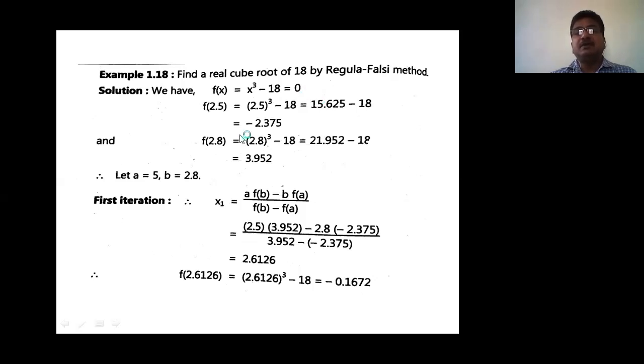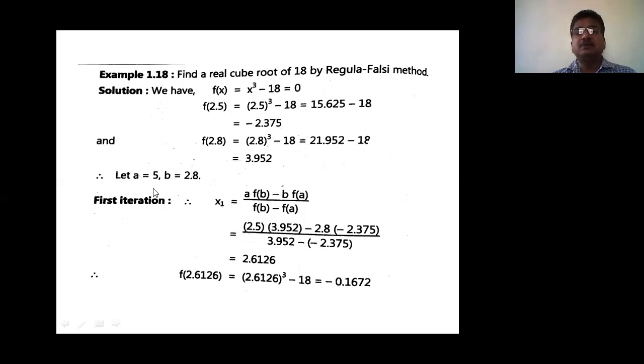Then find two numbers such that f(x) is positive and negative at those two numbers, and those numbers are 2.5 and 2.8. Instead of 2.5 and 2.8, we can also take 2 and 3. At 2.5 the value is negative, at 2.8 the value is positive.